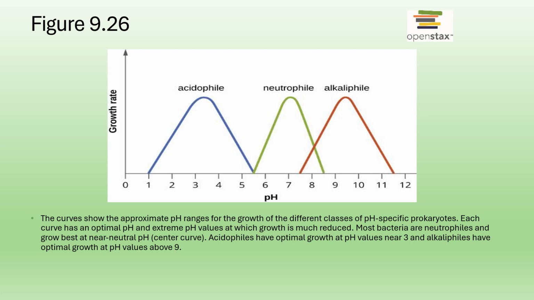This just shows that with pH, there's a range where things are going to grow. Most of your bacteria are under the curve for the neutrophiles. They can grow from about 6 to 8.5, but they prefer around 7, 7.5, where the peak is.